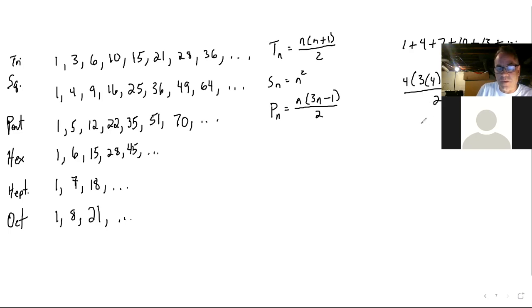This would be 4 times 12 minus 1, which is 11, divided by 2, and 4 times 11 is 44, and 44 divided by 2 is 22.